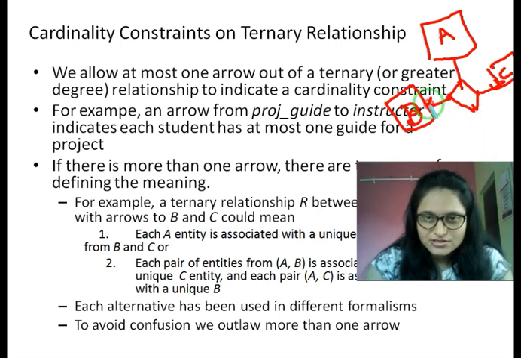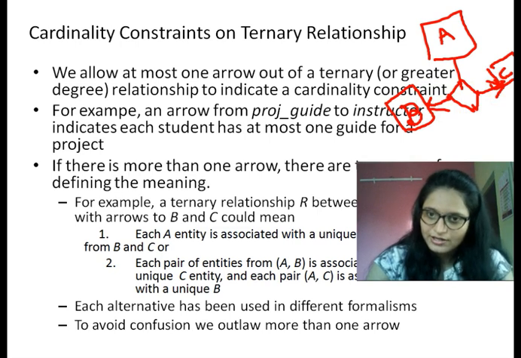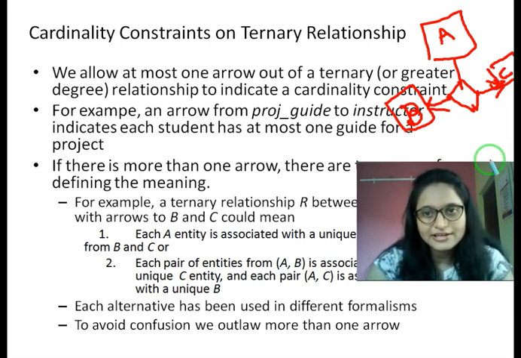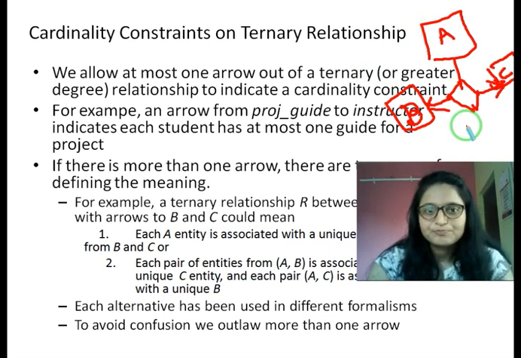But suppose there is an arrow at these two sides. In a binary relationship there is no problem, but whenever we are working with a non-binary relationship, see here in this example, whenever this arrow means many to 1, right?